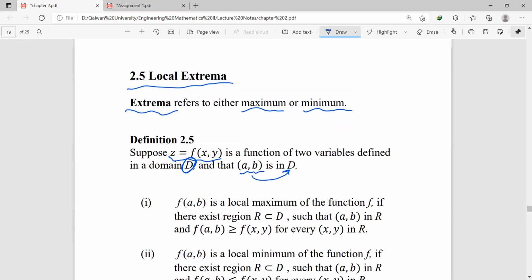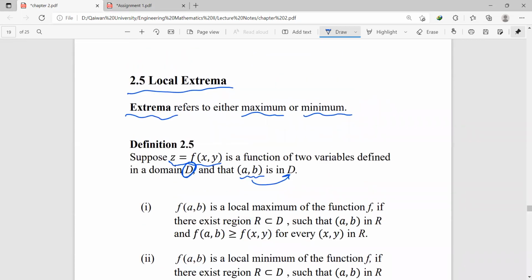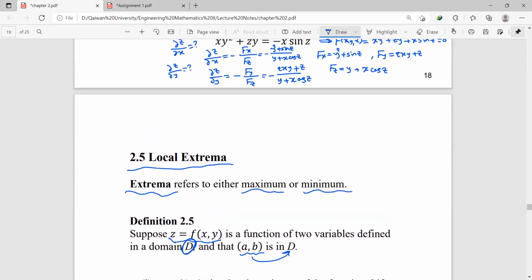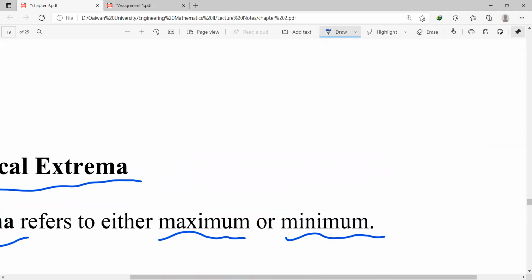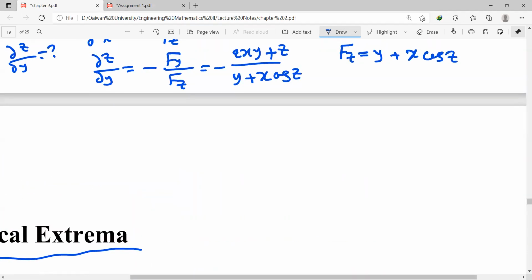Before we talk about maximum and minimum in functions of two variables, let's review the maximum and minimum for a function of one variable. I'm going to write it down here. Let's say you have a single variable function, y equals f of x equals x squared plus 2.